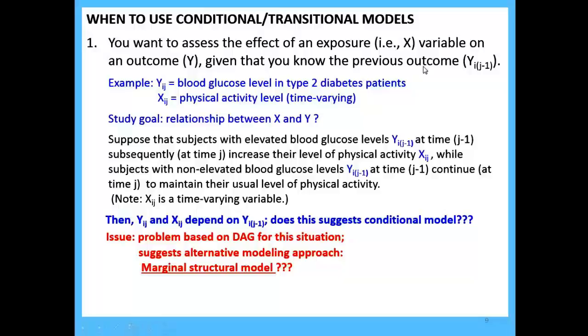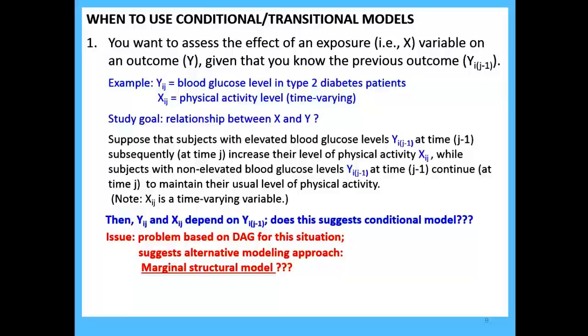Your main goal is the relationship between E and D. Let's say D is blood glucose level in type 2 diabetes patients, and X is physical activity level from one time to the next. You're looking at their blood glucose level and physical activity at one time, the next time, and so on. The goal is: is there a relationship between how much physical activity they do and blood glucose level?